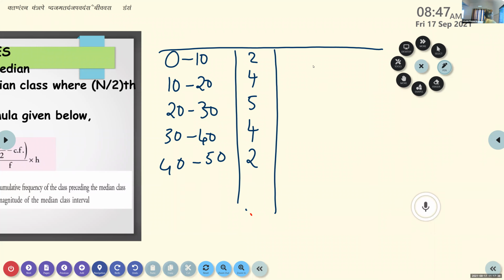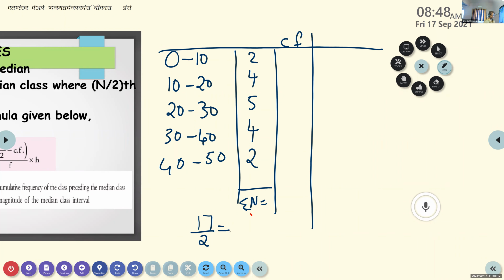Find out. N is equal to the sum of the frequencies. I want everyone to find the CF for this. How much did you get for N? That is 17.